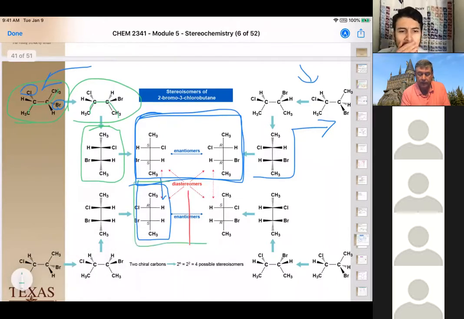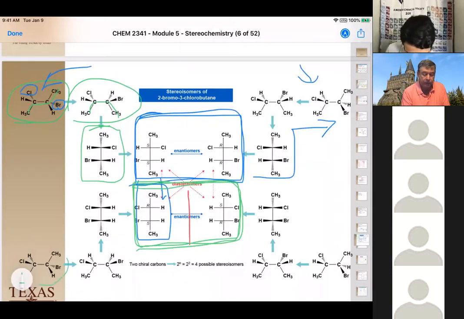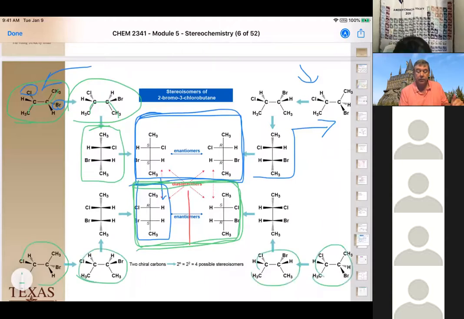So these are a set of enantiomers right here. And then when we redraw it out to its other sides through this stepwise conversion, we'll see that we have different compounds. So we have 1, 2, 3, 4 different isomers here.